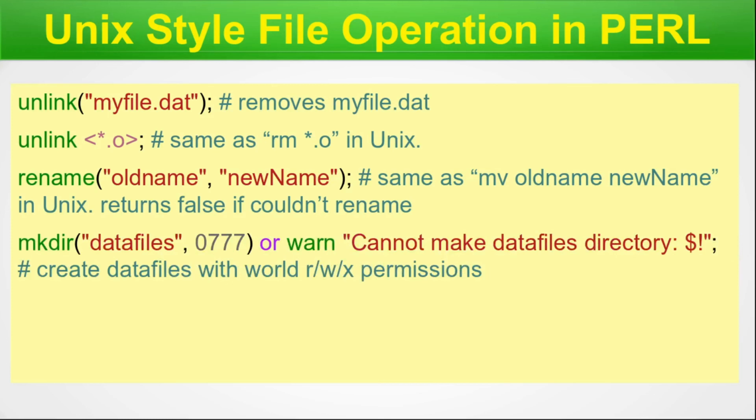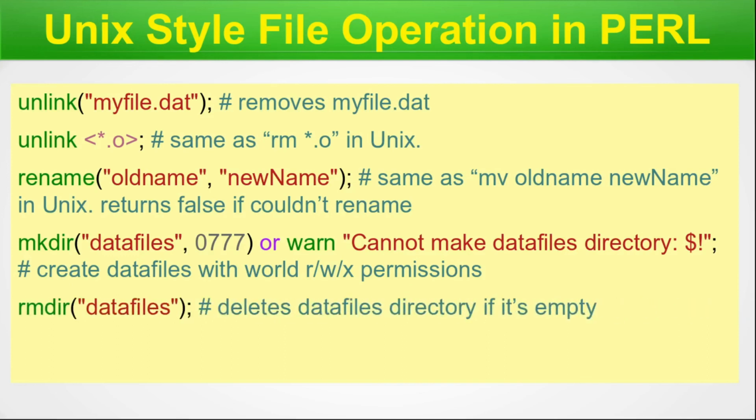mkdir, then data files, then 077. This is how you can create a directory and give it a permission while you are creating it. This might be important because you might have to create a directory where all the outputs of a particular tool run will go. You are running a tool which will create several files, and they must go in a particular directory. At that time you can use mkdir. rmdir is another thing, for when you want to remove a previously created directory which is not important for this particular run of your Perl script.